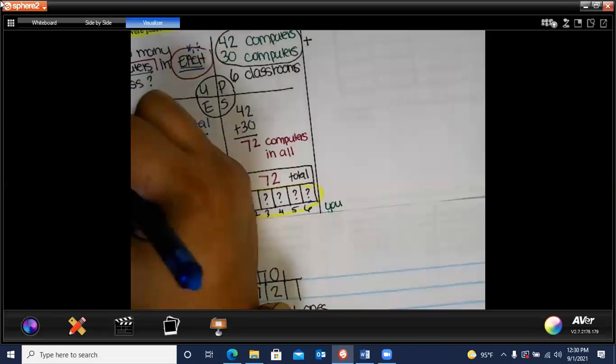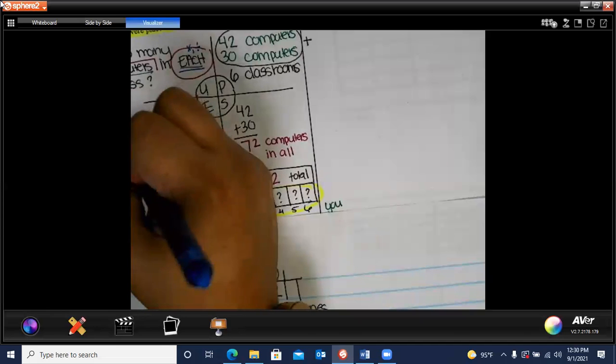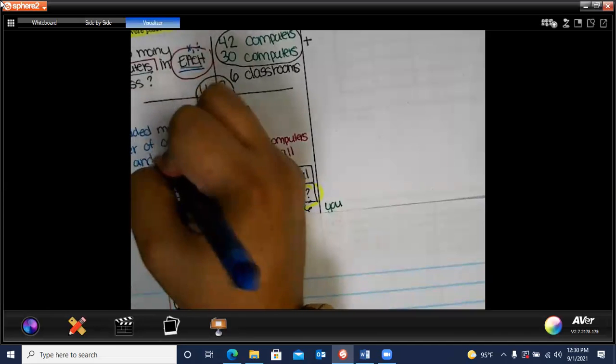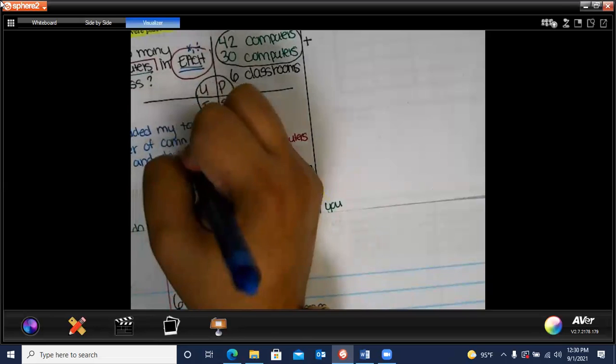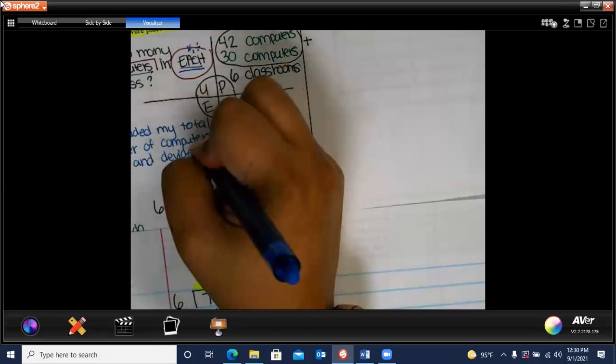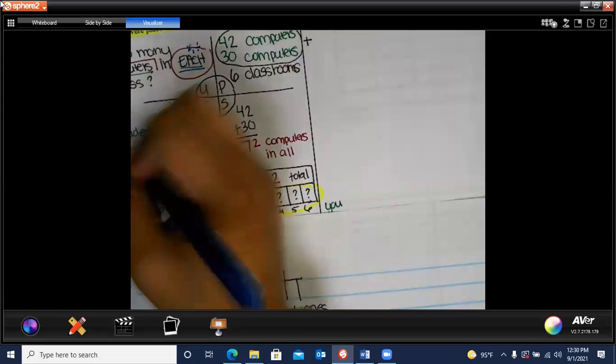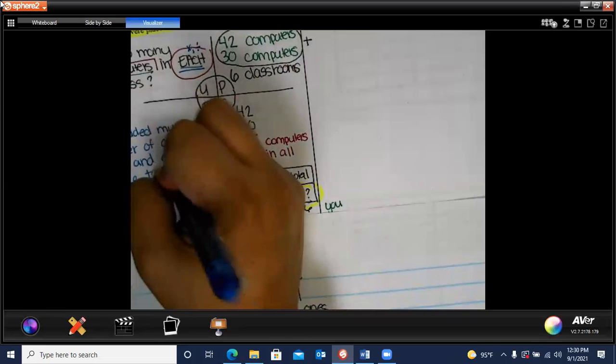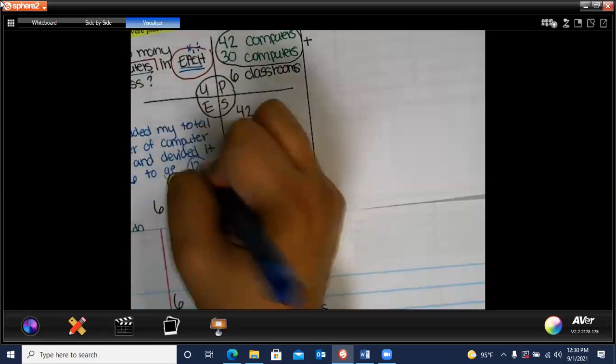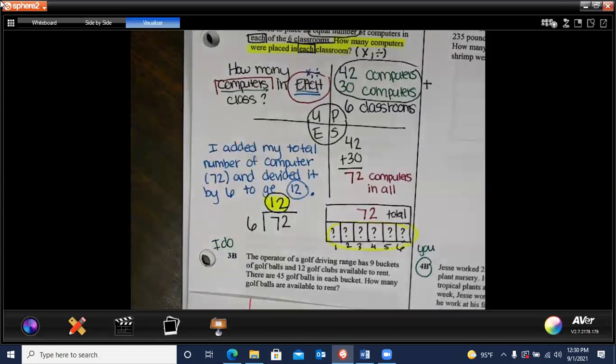I'm going to put 72 and divided it by 6 to get 12, period. So you're just explaining what you did. You had to do the 2-step. First, get your total, then divide your total by 6 groups, which is 12.